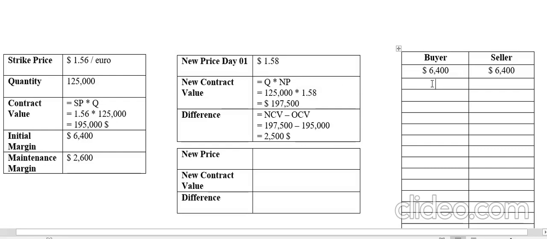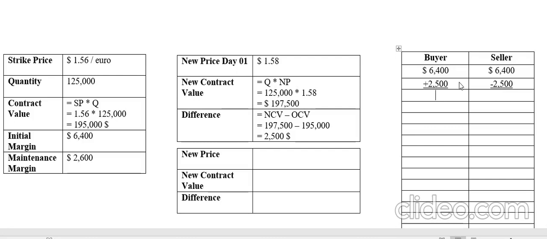So profits are added to the party who is earning it. In our case right now, the buyer is earning it, so we're going to add the profit of 2,500 to the buyer's account, and we will subtract the same amount of dollars from the seller's account because the seller is on the loser end for the time being. Let's do the addition and subtraction.